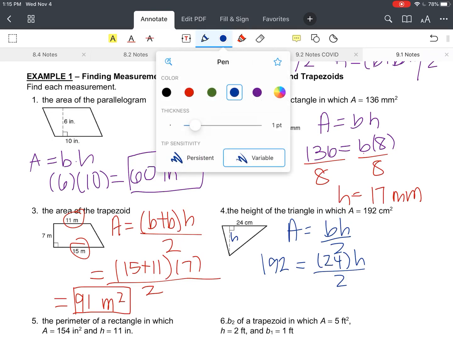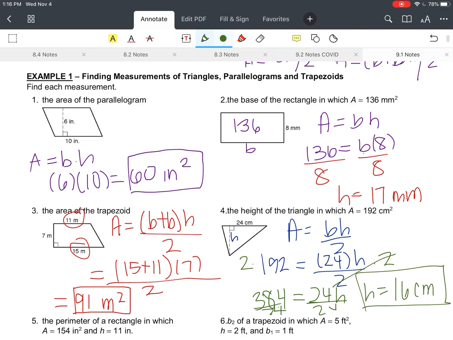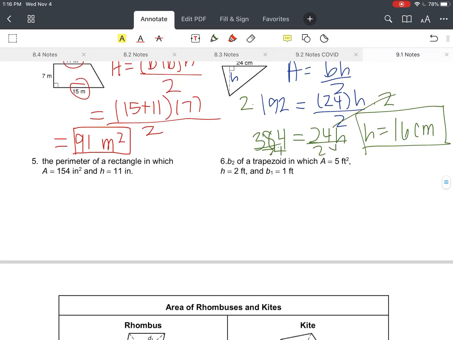You could just divide 24 by 2, because everything's being multiplied or divided. Or you can undo the dividing by 2 by multiplying by 2. It doesn't really matter. I'll just multiply both sides by 2. So the 2's will simplify on the left. 192 times 2 is 384, which equals 24h. And so we divide by 24. So you get h is 16 centimeters.